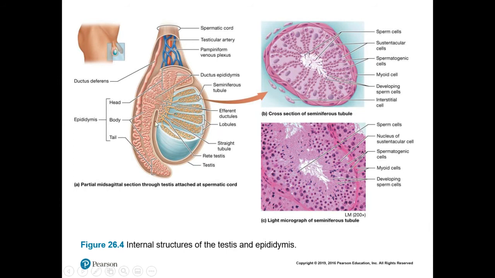Just by applying local anesthesia, they can sever the ductus deferens and prevent sperm from flowing from the epididymis into the prostate. So that's a form of preventing pregnancy, right? Now, can that be reversed? Yes, it can. And we'll go over details of that next time.